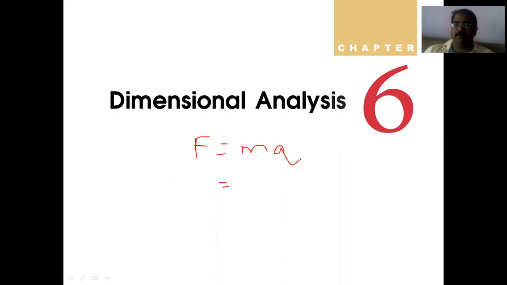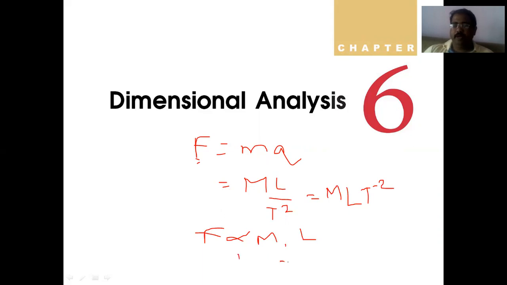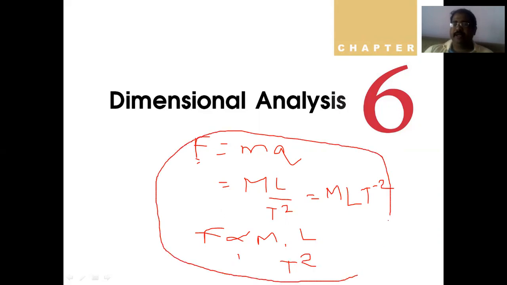Mass is denoted by M and acceleration is denoted by L upon T raised to power 2, which means it is equal to M L T minus 2. So this equation indicates that force is proportional to mass and length and inversely proportional to T square. Okay, these types of relations are obtained in the dimensional analysis system.